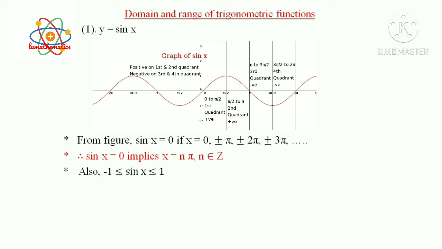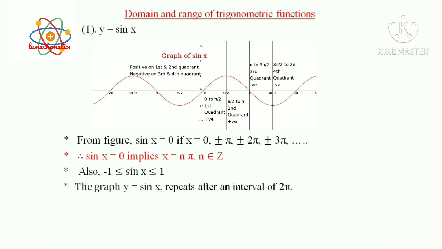Also, minus 1 less than or equal to sin x less than or equal to 1. That is, the limiting values of sin x are minus 1 and 1. In other words, the minimum value of the sine function is minus 1 and the maximum value is 1. That is, the sine function varies from minus 1 to plus 1.